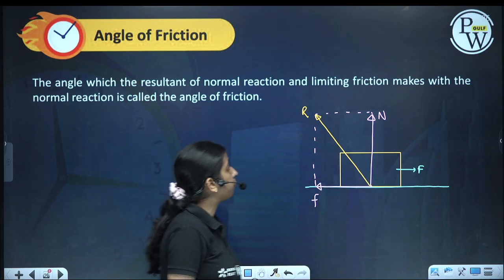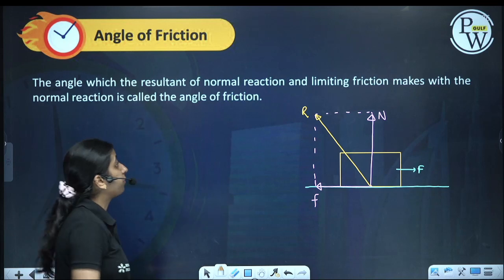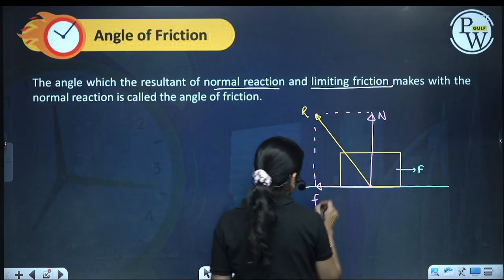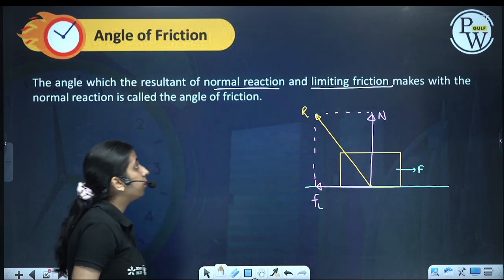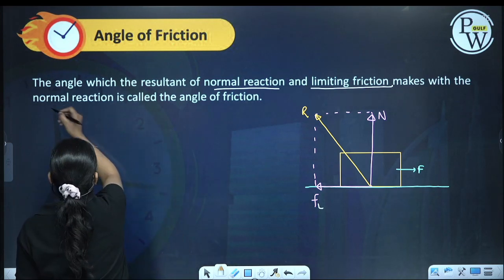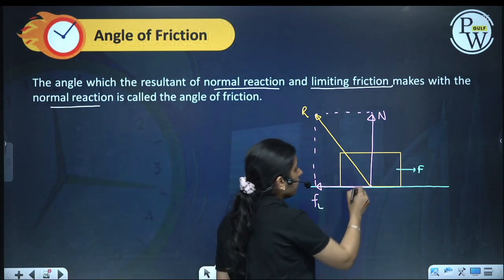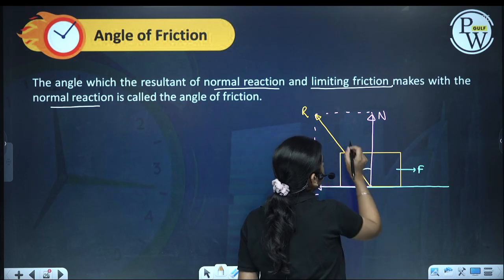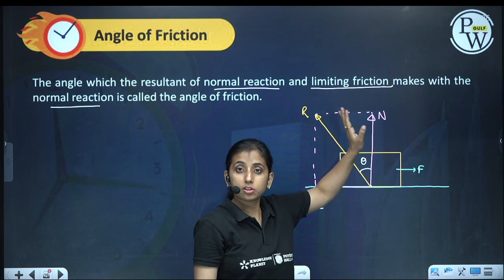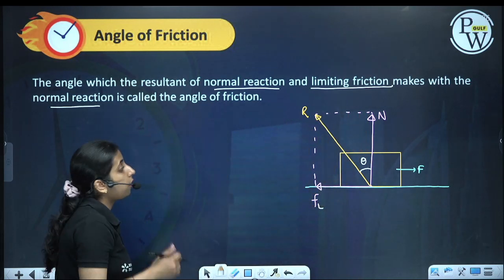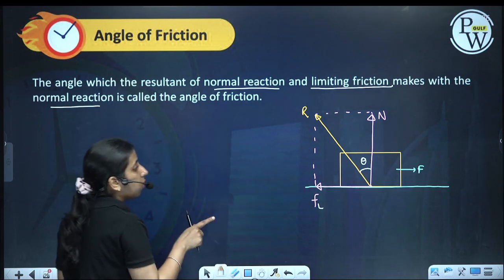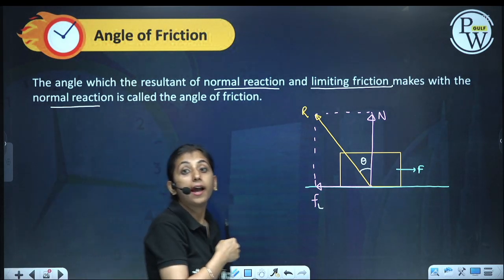What is angle of friction? The angle which the resultant R of normal reaction and limiting friction makes with the normal reaction is called the angle of friction.